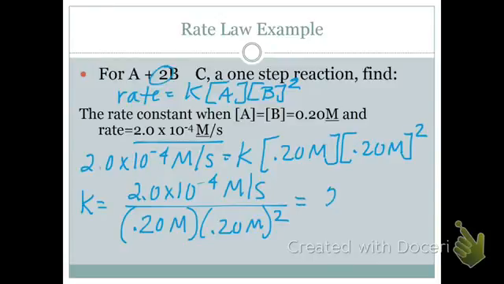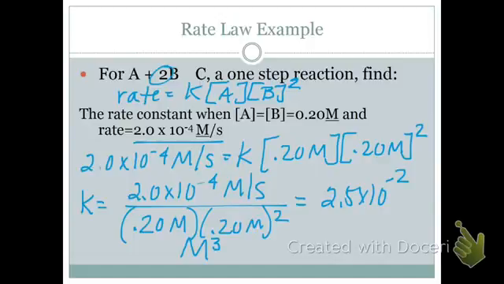So it's going to be 2.5 times 10 to the negative 2. So now let's figure out our units. Up here we have molar per second. Down here we have molar times molar squared. Okay? So this is molar cubed.